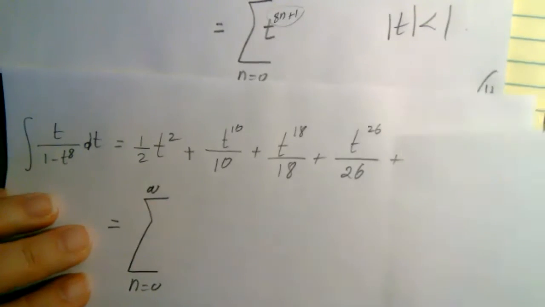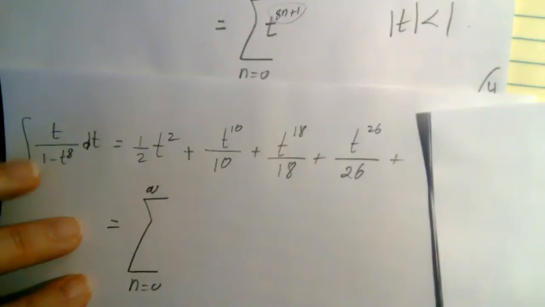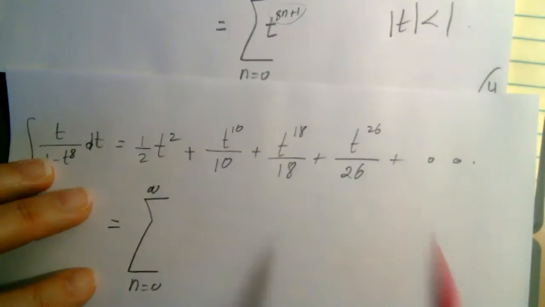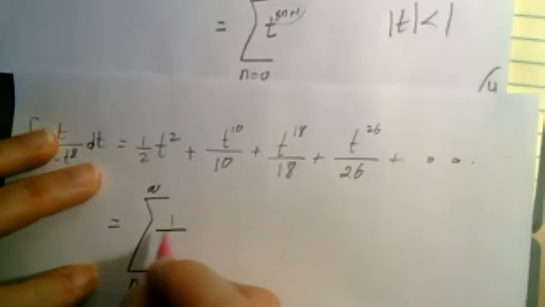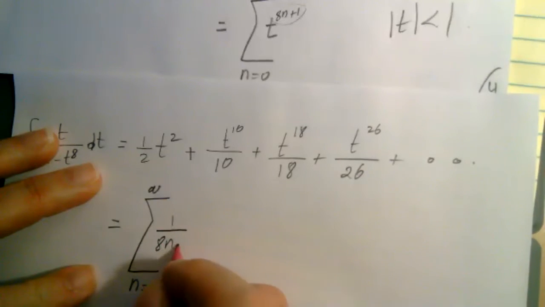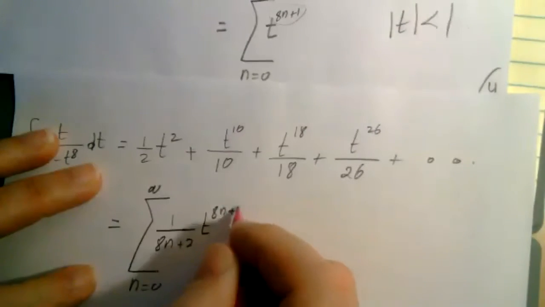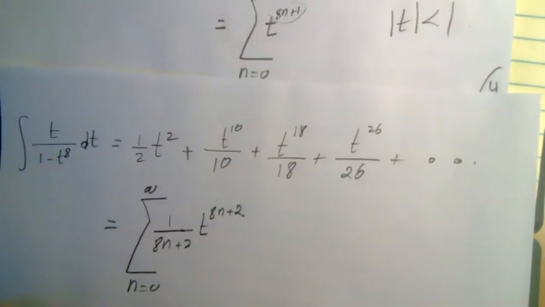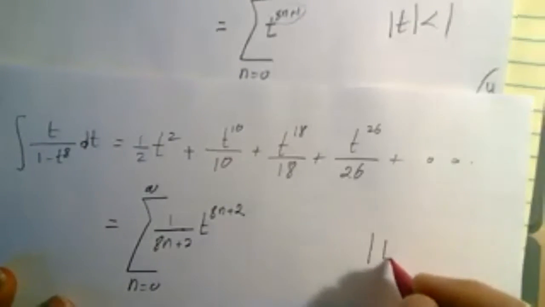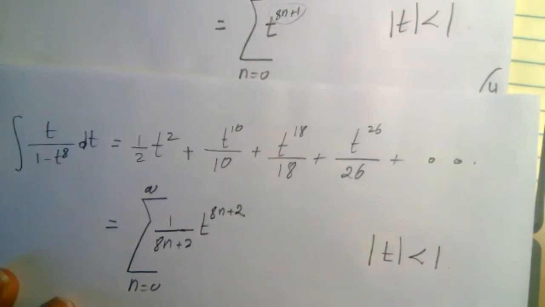So the antiderivative of every term here is going to be 1 over 8n plus 2, adding 1 to the exponent, t to the power 8n plus 2. And this whole thing will hold as long as my t is less than 1. Before I move forward, let me double check everything.